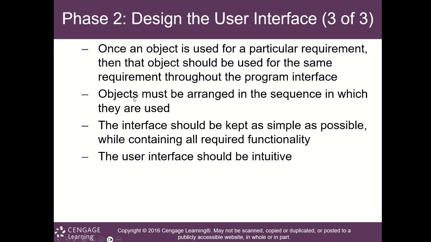The objects must be arranged in the sequence in which they are used. The interface should be kept as simple as possible while containing all required functionality. The user interface should be intuitive.